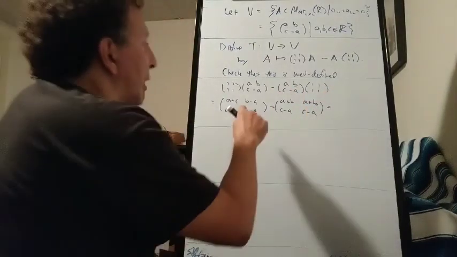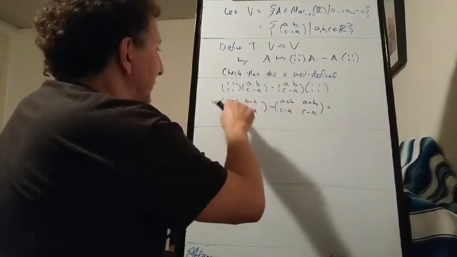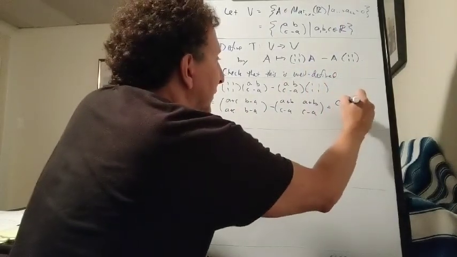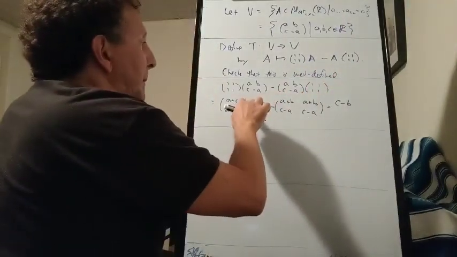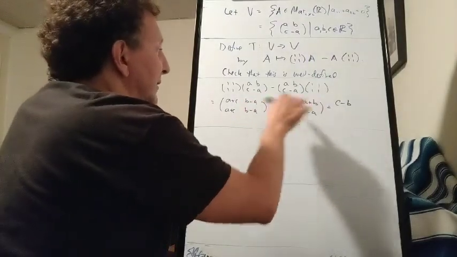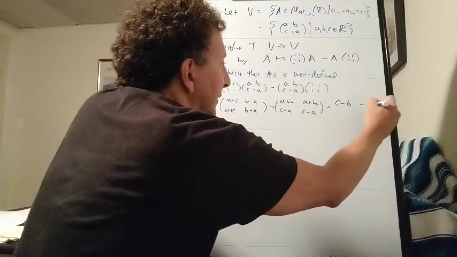And that is, in the upper left hand corner, we've got A plus C minus A plus B. So A minus A is 0, C minus B is what's left. And then in the upper right, we've got B minus A plus B. So B minus B is 0. Negative A minus A is negative 2A.